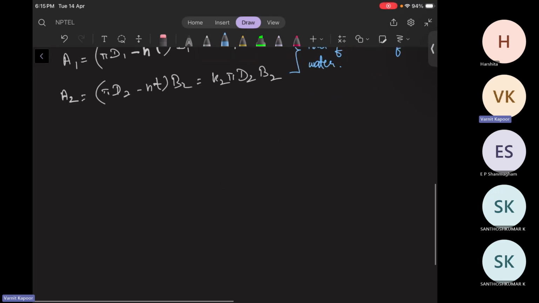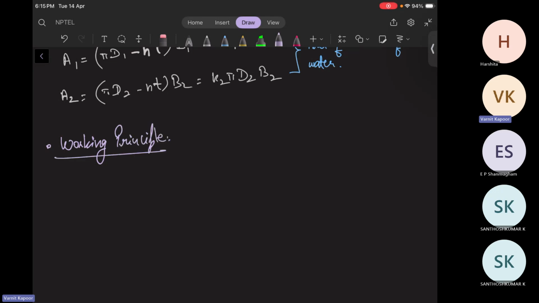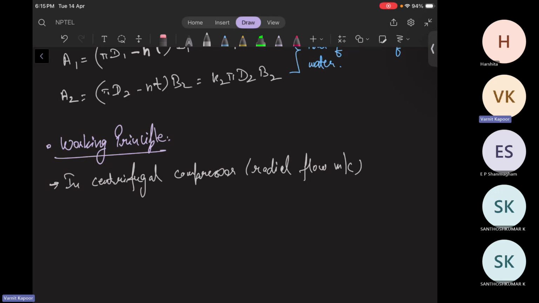So I was talking about the working principle here. I hope this is visualizable. Everyone is able to visualize. The working principle says that in a centrifugal compressor, or you can say a radial flow machine, see why I am saying it as centrifugal.